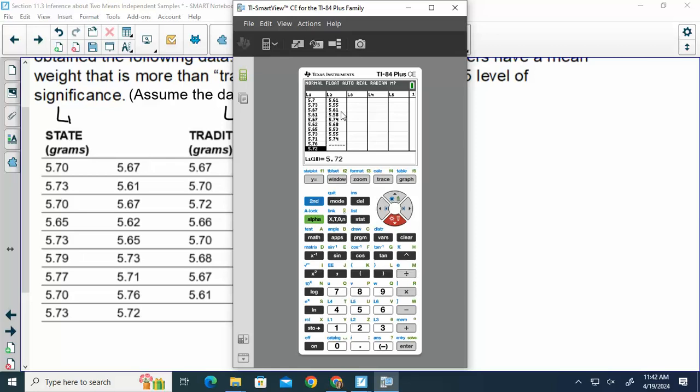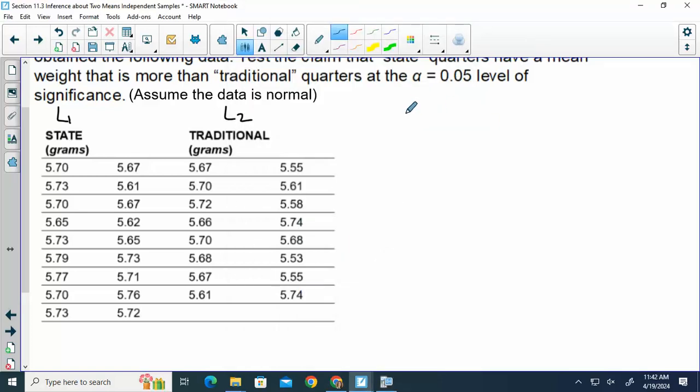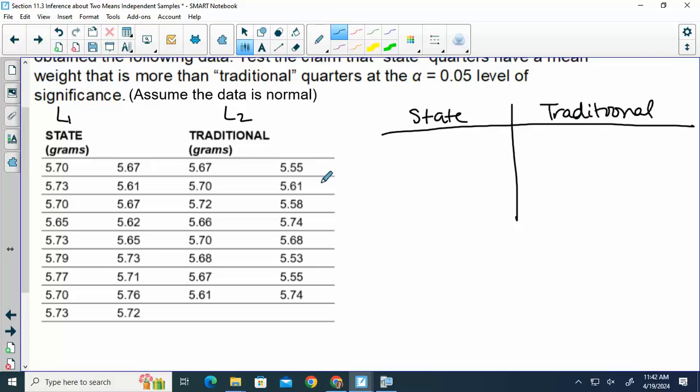Okay, so if we're going to do this by hand, we need some information about both of these. We're going to have for each set, we would need the mean, the standard deviation, and the number.